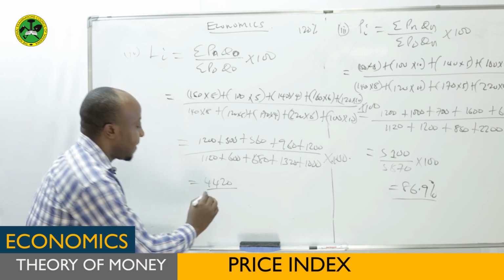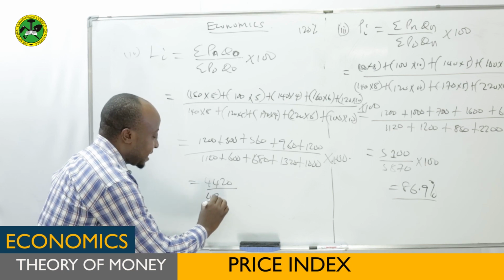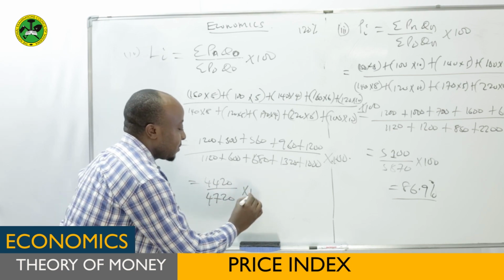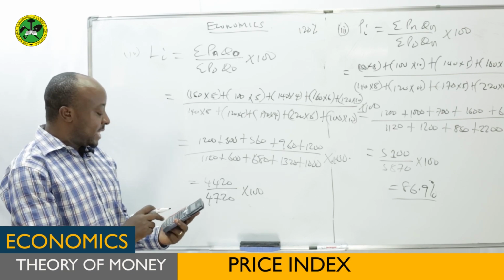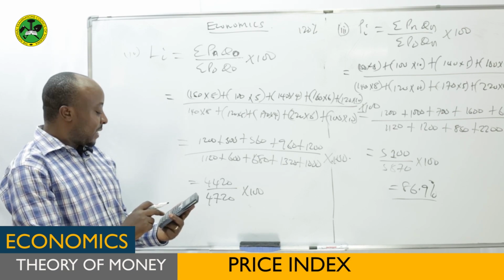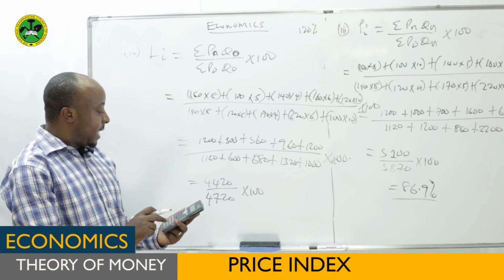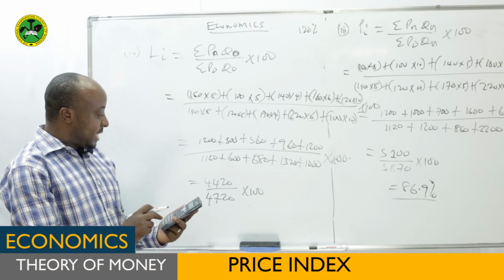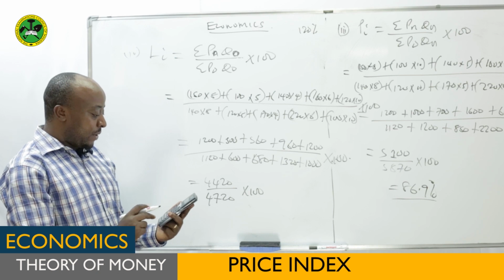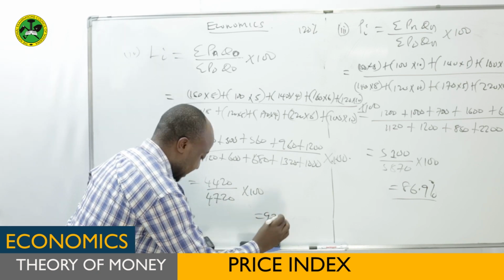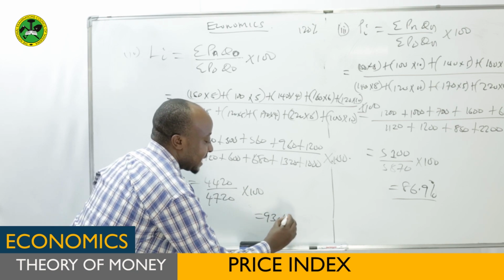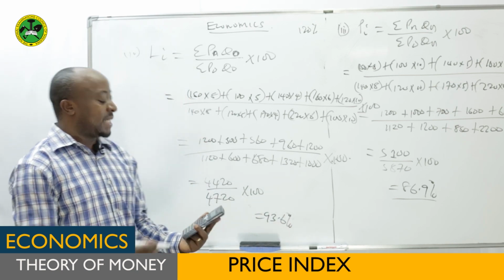This one you get 4720 times 100. So on dividing this one, you'll get the final answer: you divide 4420 by 4720. This one you get, it is 93.60%.